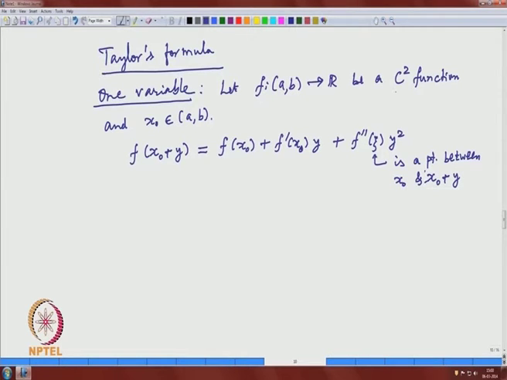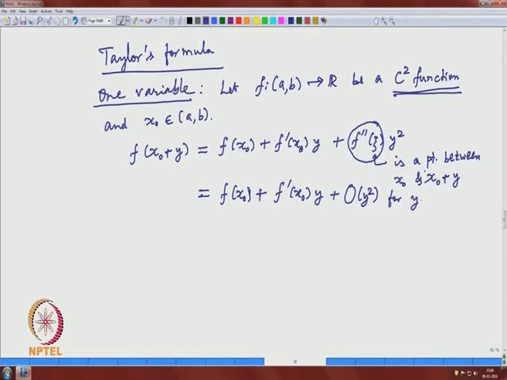So, because we are assuming it is a C2 function, when y is small this quantity is bounded, and usually we write that as, okay, f of x 0 plus f prime x 0 y plus O of y square for y small.